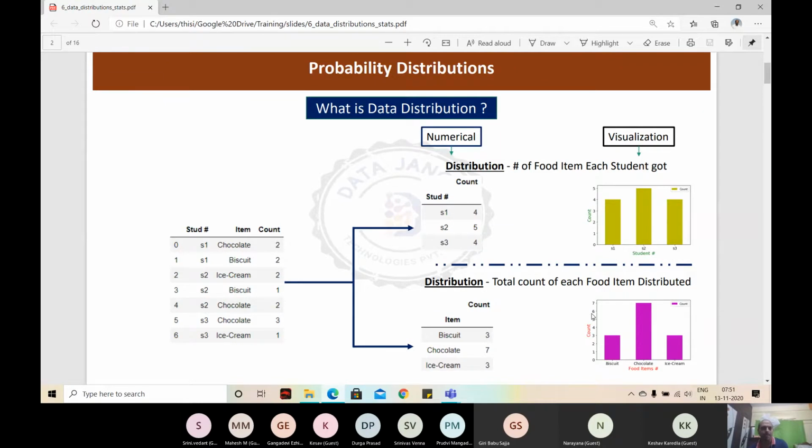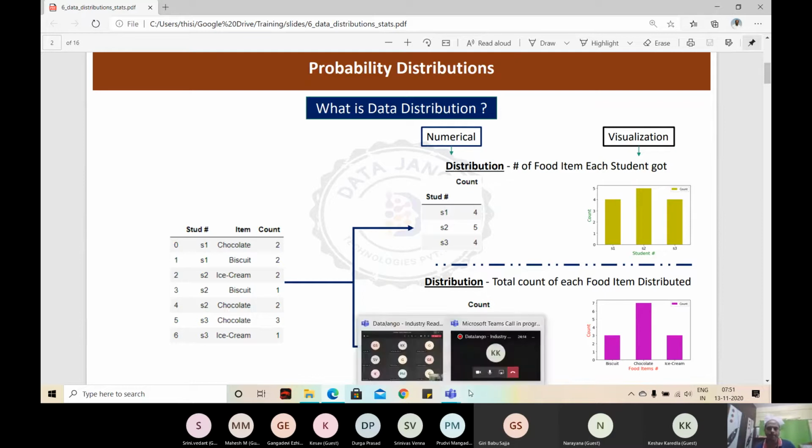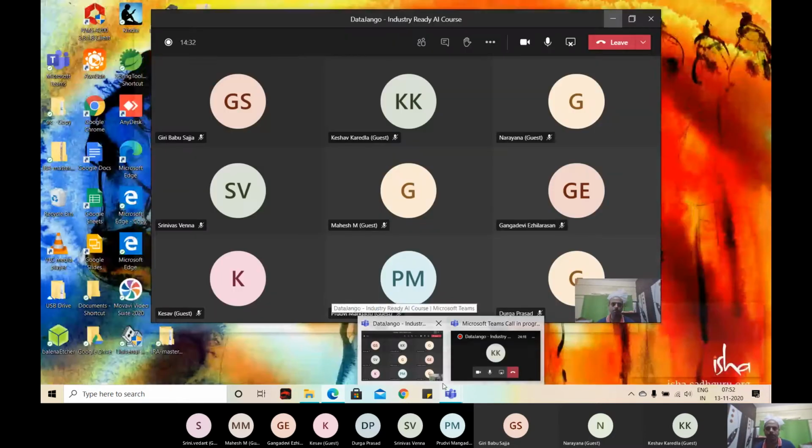So why are we comparing one person with another? Do you know why we are comparing in the political world? Can you tell me? Somebody?